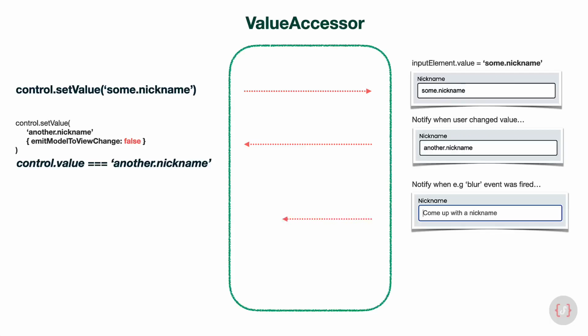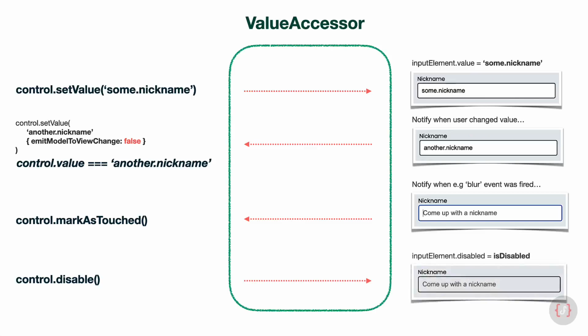And we should also synchronize this state with our model and update it by calling an appropriate method. And the last state, which is optional by the way, is the disabling state, because we can call the disable method on the form control model and it has to be reflected on the view side. So there are 4 states that value accessor synchronizes between the form control model and the native form control.